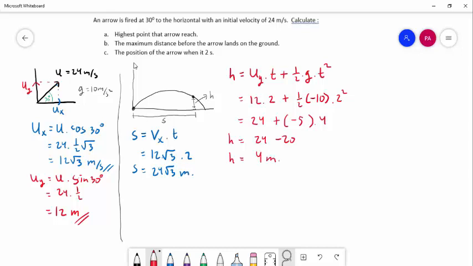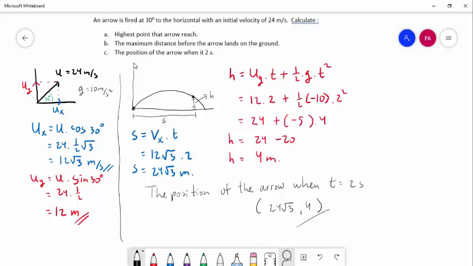So the position of the arrow at 2 seconds: the distance is 24 square root 3 meters from the starting point and the height is 4 meters from the surface of the ground. Okay, that's it. Goodbye.